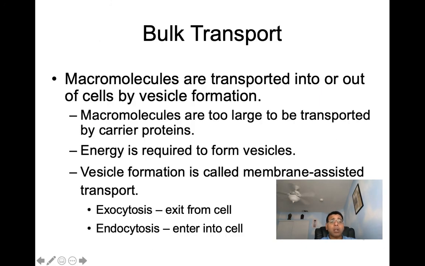Next, we talk about bulk transport. Now, I'd like you to know macromolecules are going to be transported into or out of the cells by vesicle formation. Macromolecules are molecules that are too large to be transported by carrier proteins. Macro, big molecules. Energy is required to form the vesicles.